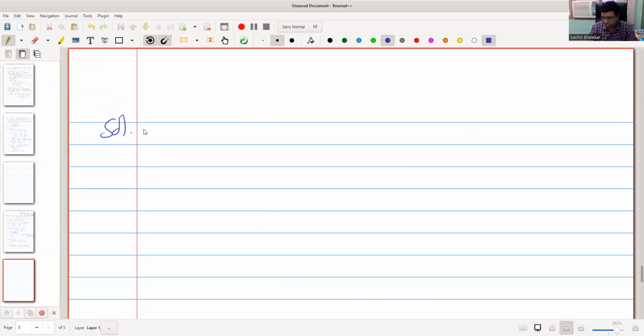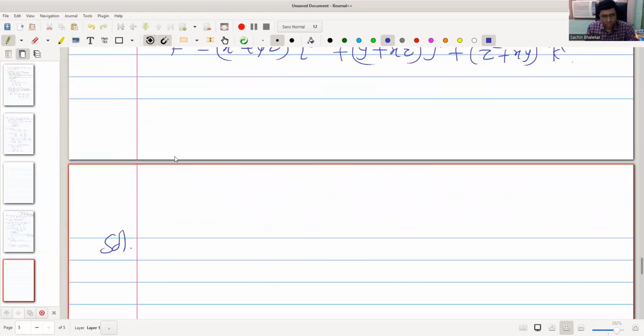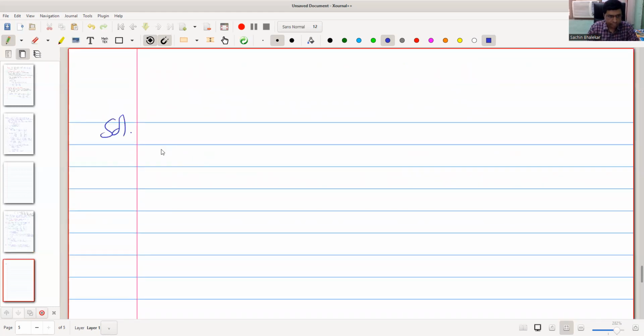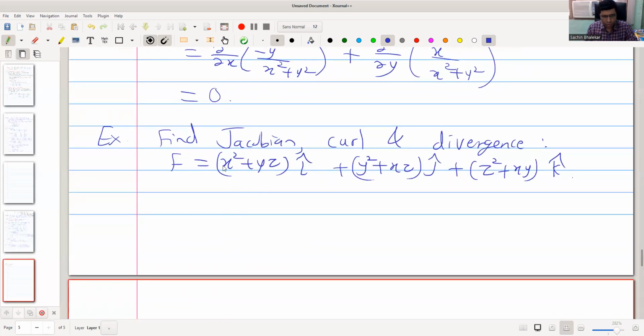So let us solve this. Solution: first thing is Jacobian. It is denoted by capital DF. So first row is partial derivatives of this first component P with respect to x, y, and z.